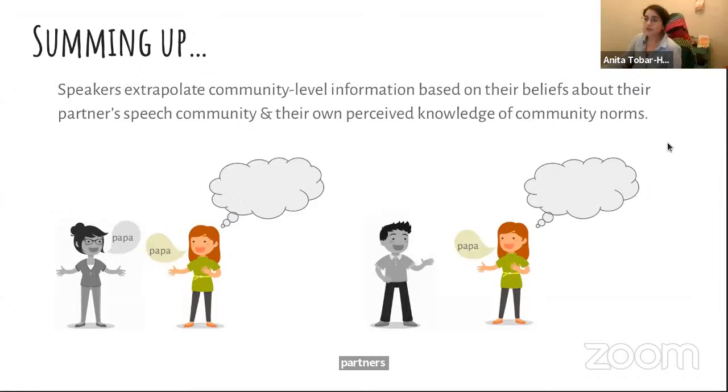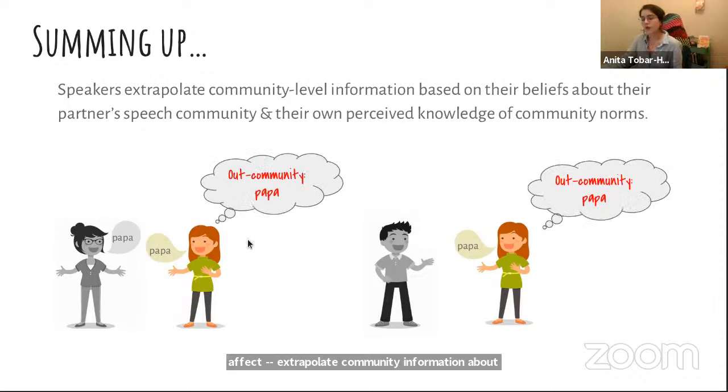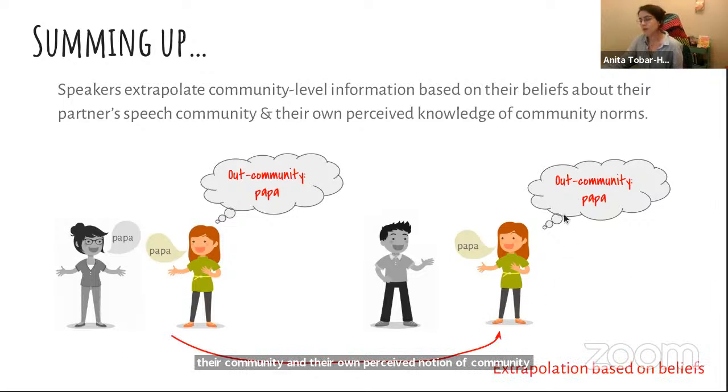And speakers extrapolate community level information based on their beliefs about their partner's speech community and their own perceived knowledge of community norms, right? So we found that participants, when they interacted with an out community partner in the first session, generalized their language use to other out community partners based on their beliefs.